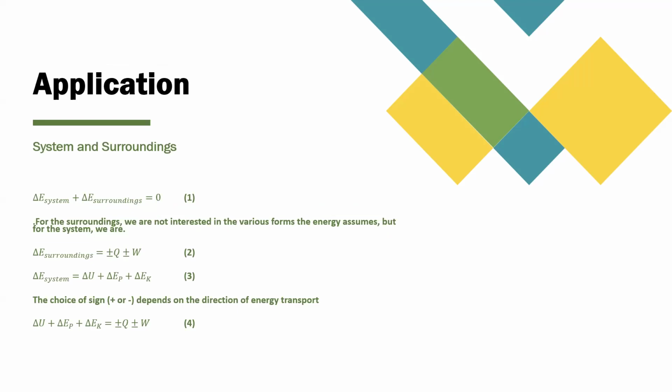For us to apply the first law to chemical engineering processes and other processes for that matter, the sphere of application is the system and surroundings. The system is our region of interest, while the surroundings are made up of every other thing outside the system.